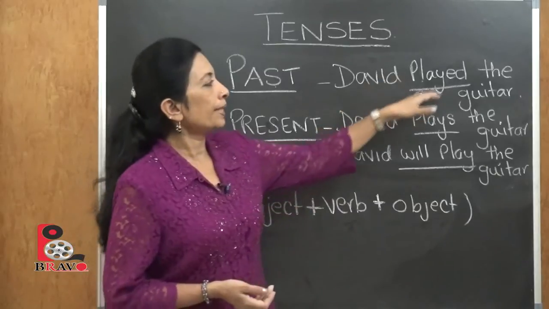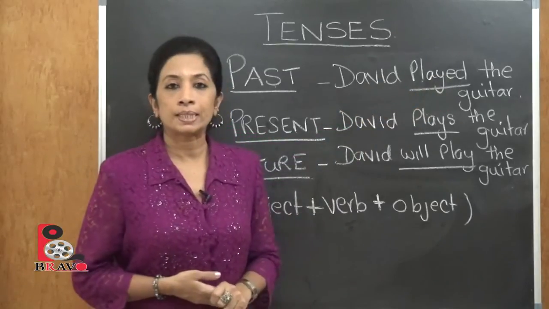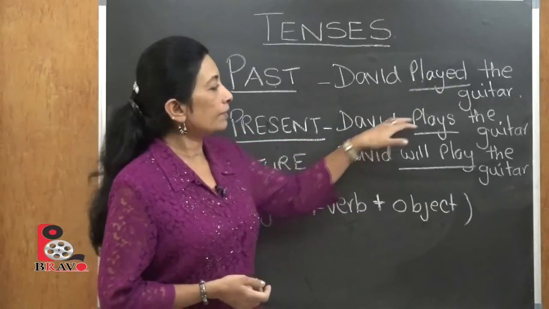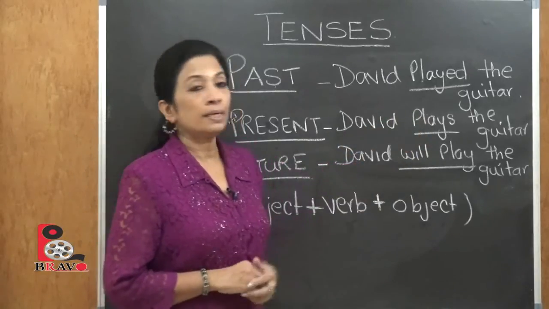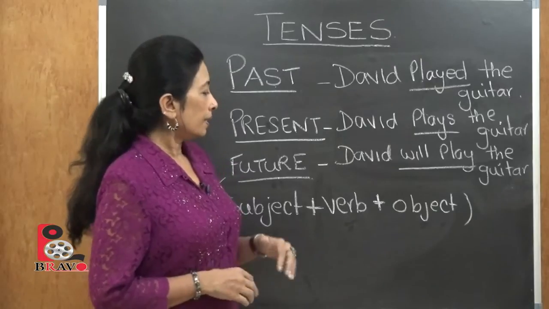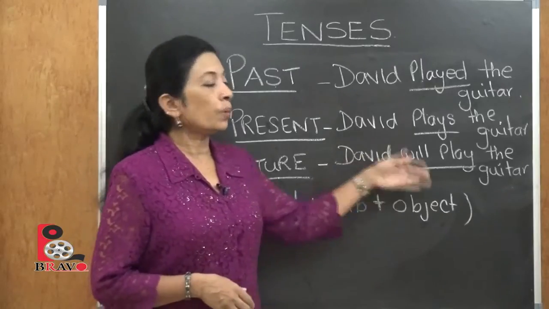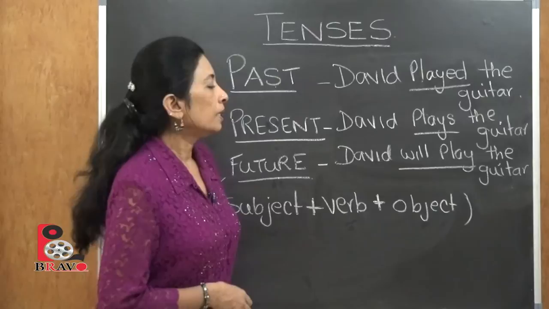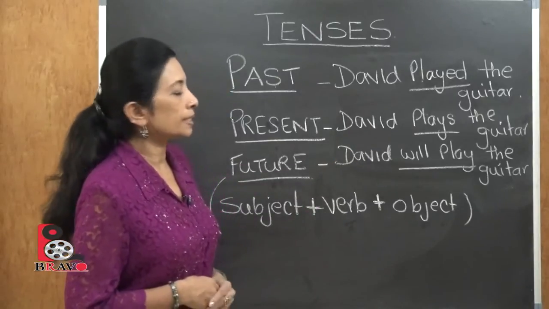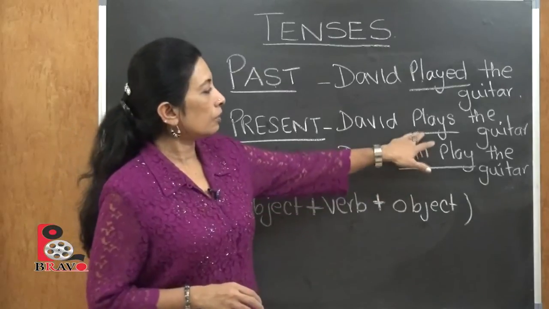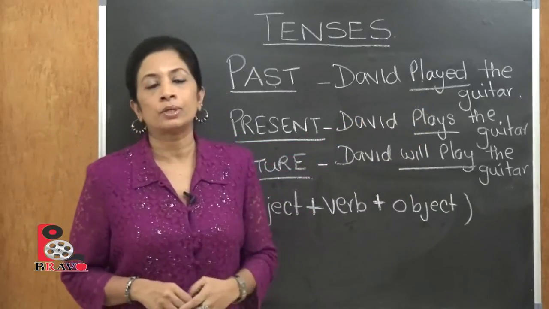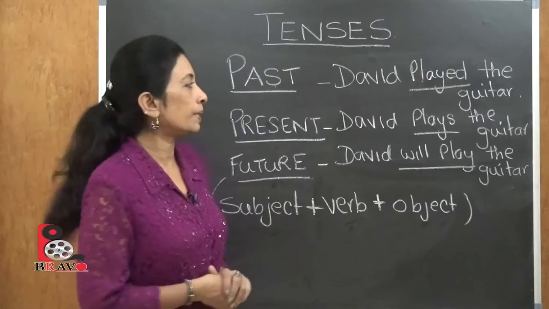So David played the guitar. David plays, which is now present tense, will be David plays the guitar. Future tense will be David will play the guitar. So it's quite easy to understand now how to apply the tense according to the time that you are trying to speak or write about.